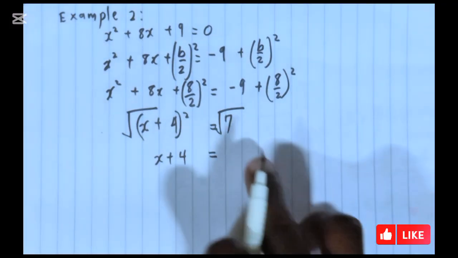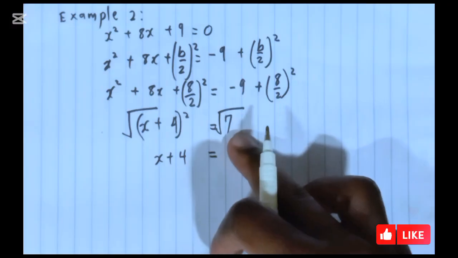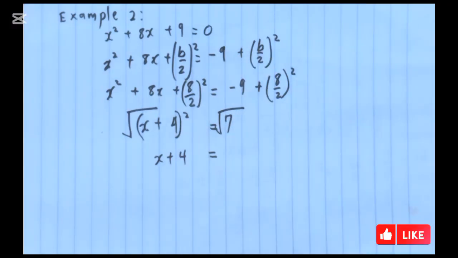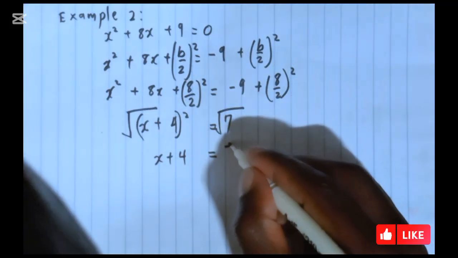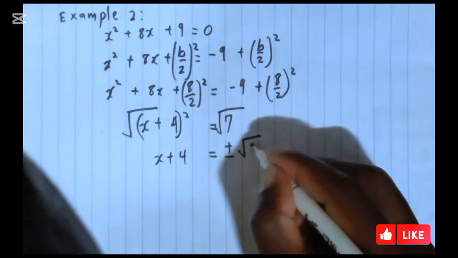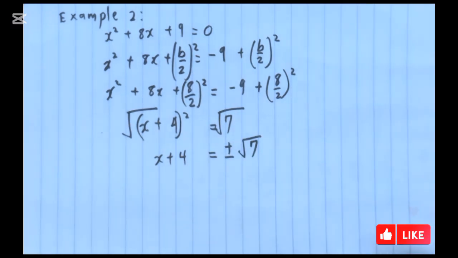The square root of 7 will actually be a recurring decimal, so we will instead opt for writing it as plus or minus root 7, so that we do not give room for much error.